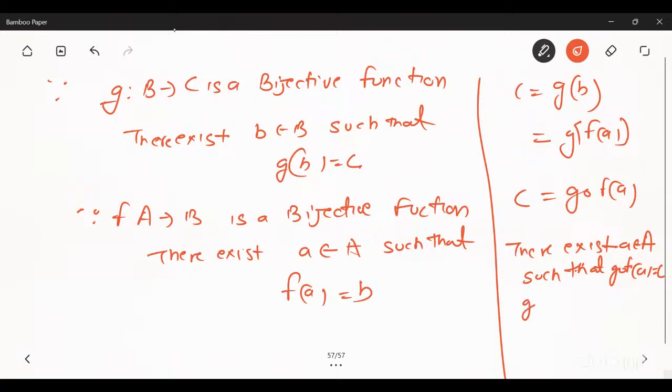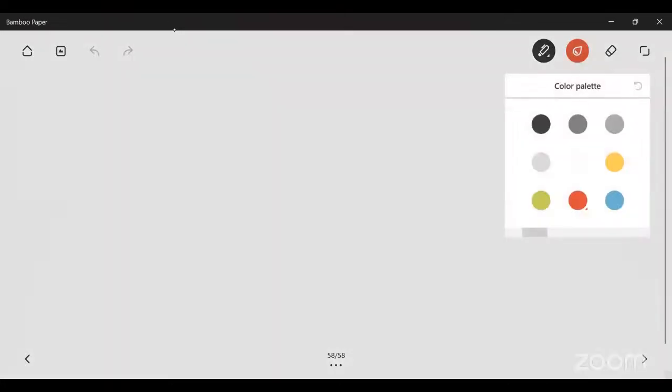So g o f from A to C is 1-1 and g o f from A to C is onto. So g o f from A to C is a bijective function. Bijective, okay? You can write here bijective.